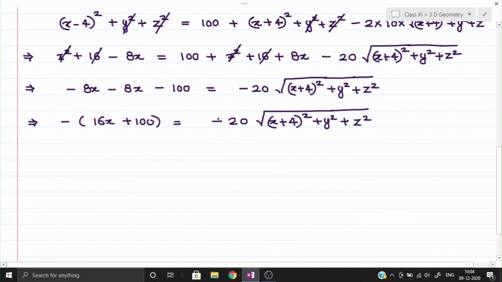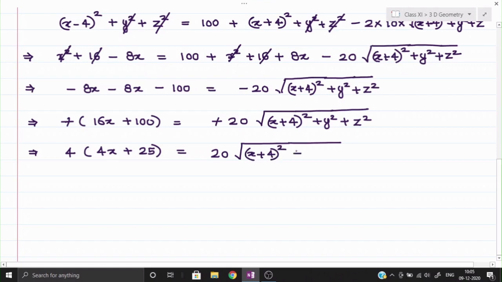Now see, if we take some more terms common, for example if I take 4 common, remaining is here 4x plus 25 is equal to 20 under root of (x plus 4) whole power 2 plus y square and plus z square.